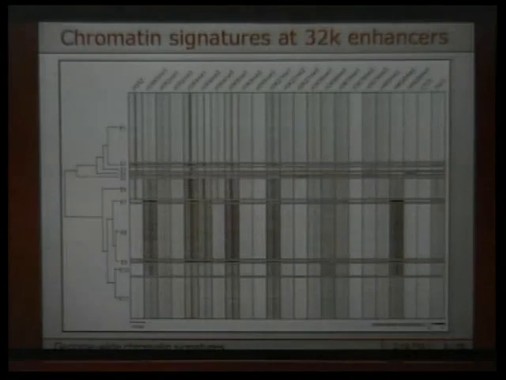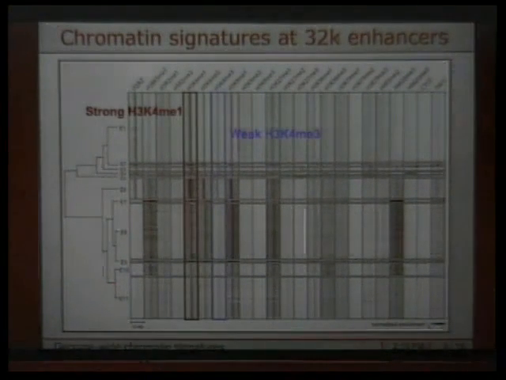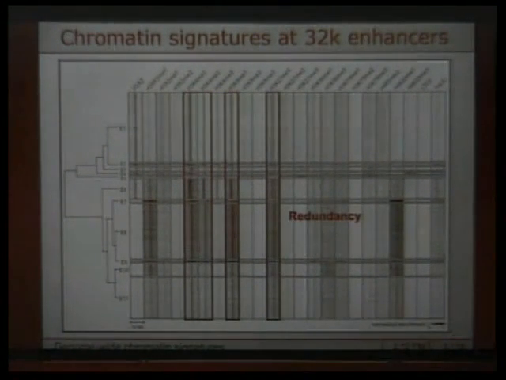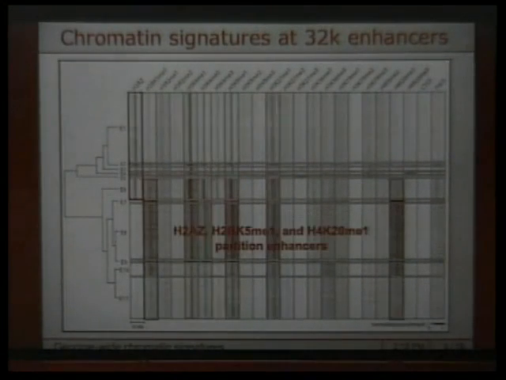Applying ChromaSig to these places, we find 11 different signatures. As expected from our method of finding enhancers, we find very strong enrichment of H3K4 monomethylation at these places and much weaker H3K4 trimethylation enrichment. Like promoters, we see that enhancers are extremely highly redundant in terms of the histone code.